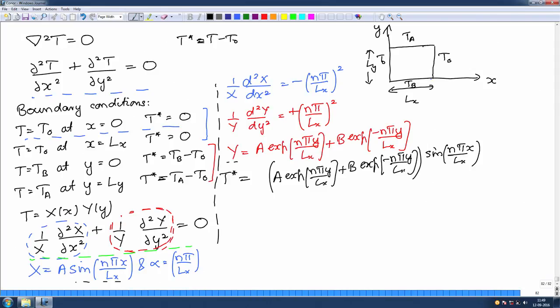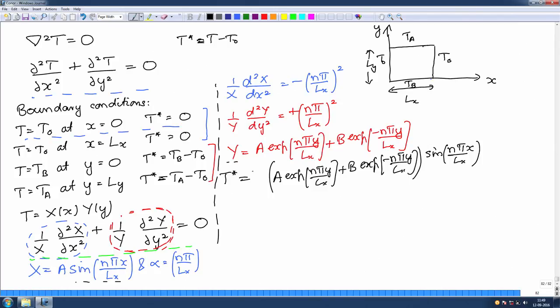This solution satisfies the equation. You can easily substitute that into the equation and see. It satisfies the equation and the homogeneous boundary conditions in the x direction, for any value of n.